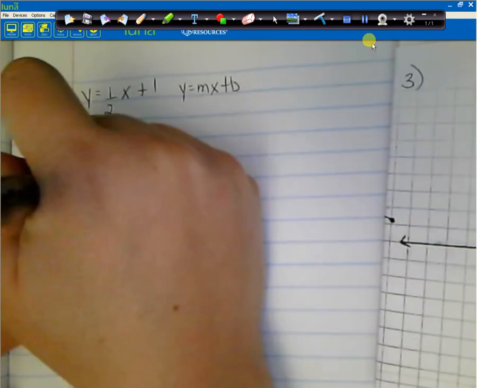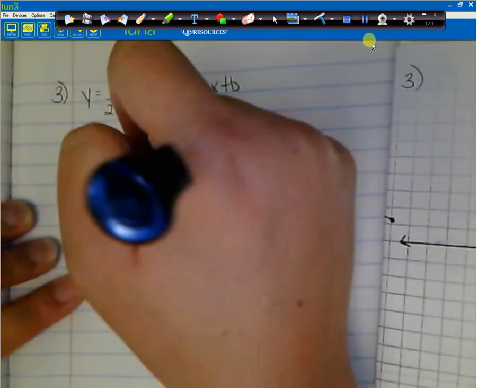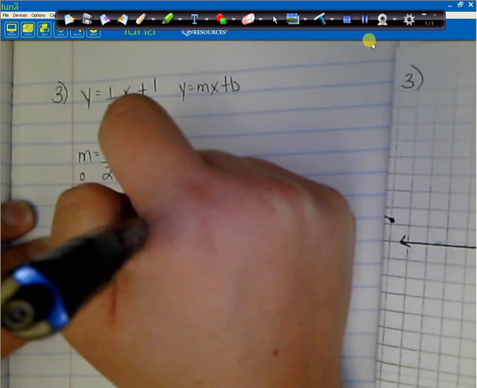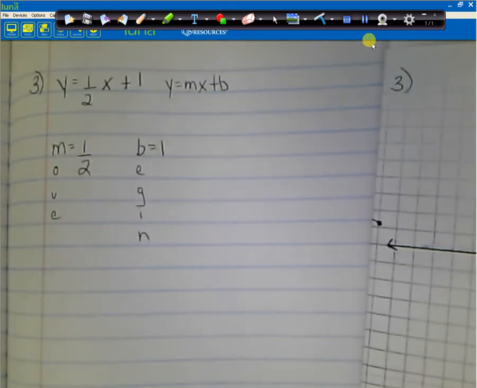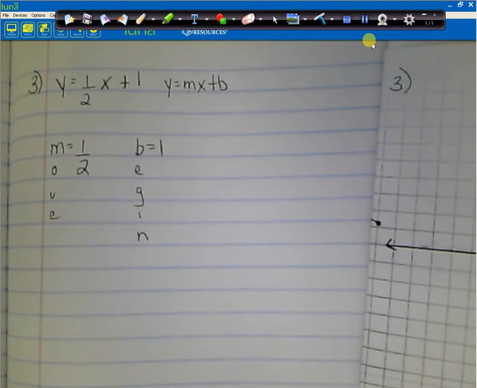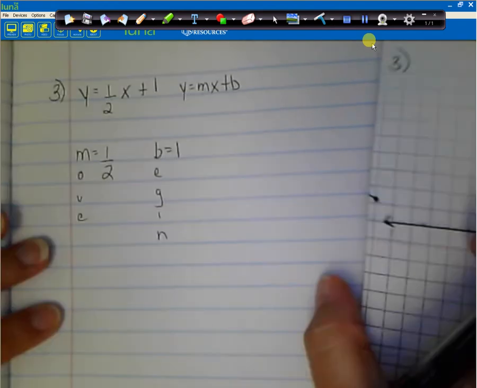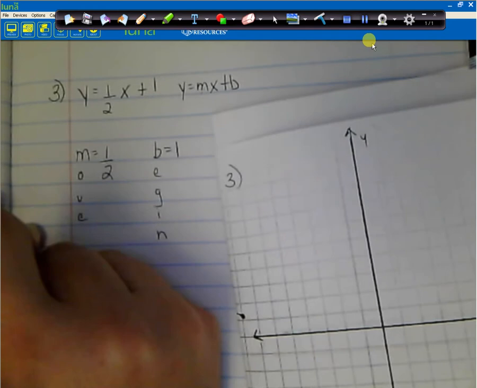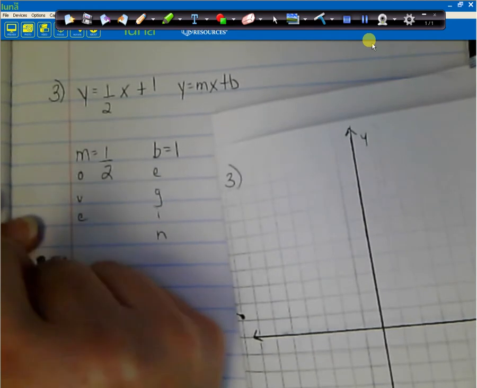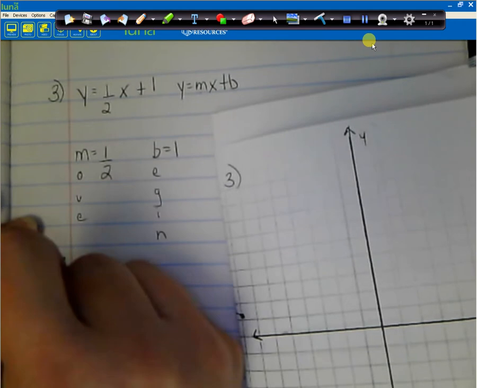And again, the m is for move and the b is for begin. So I'm going to begin at 1 and I'm going to move with my 1 over 2, which is my rise over my run. So my rise over my run is my m, so that's 1/2.